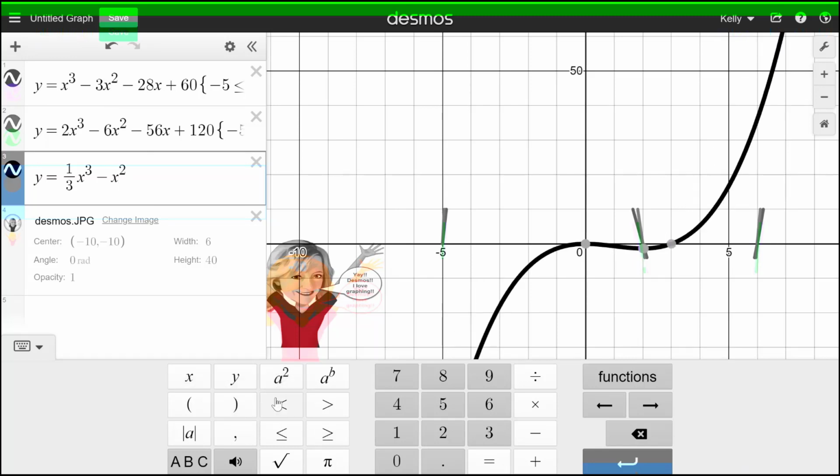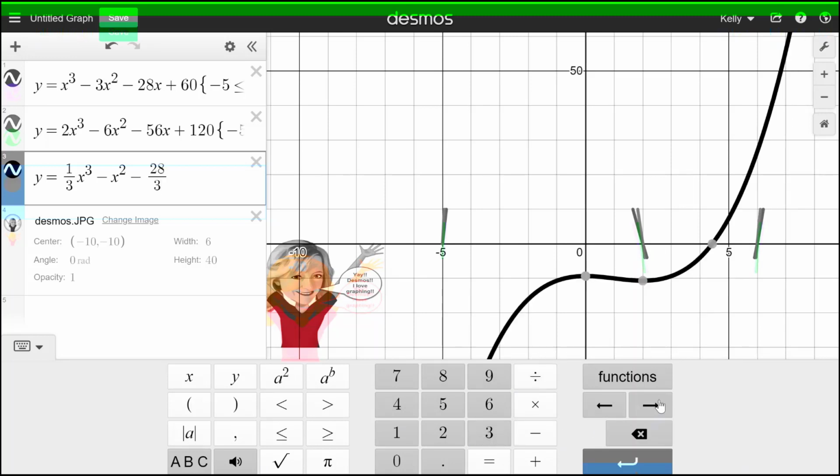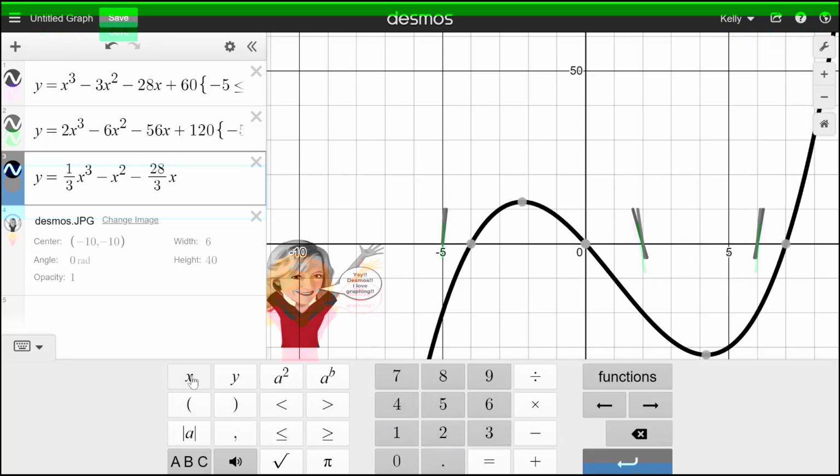Then minus 28 divided by 3, which I'm going to leave in fraction form, x, and then plus 20.